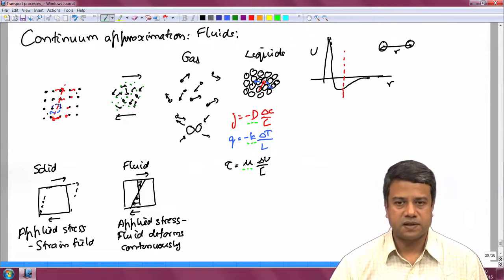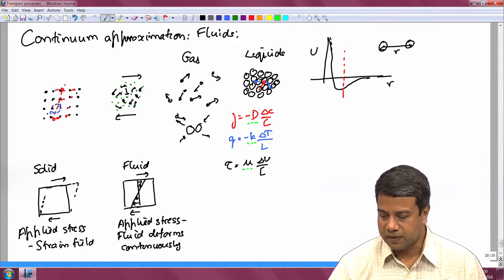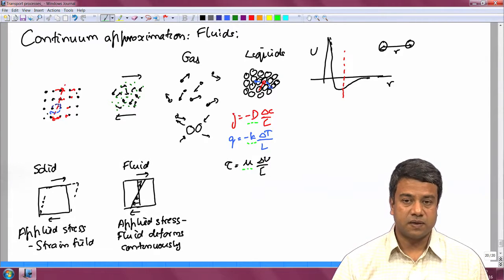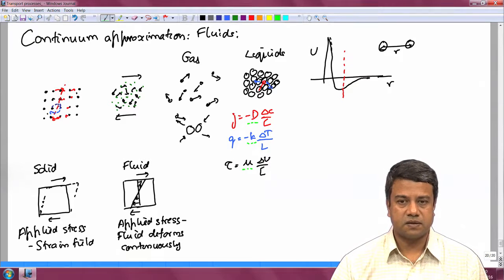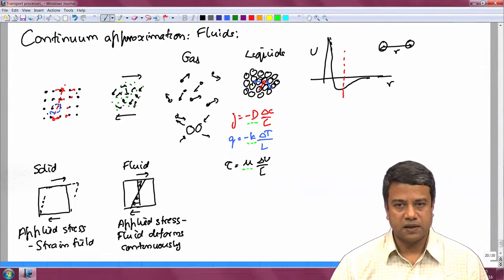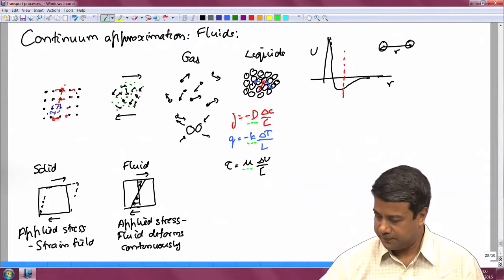The only difference arises when we have to write down the diffusion coefficients. The numerical values of these turn out to be very different depending upon whether it is a liquid or a gas. And we will look a little later at how we derive these constitutive relations and the diffusion coefficients.